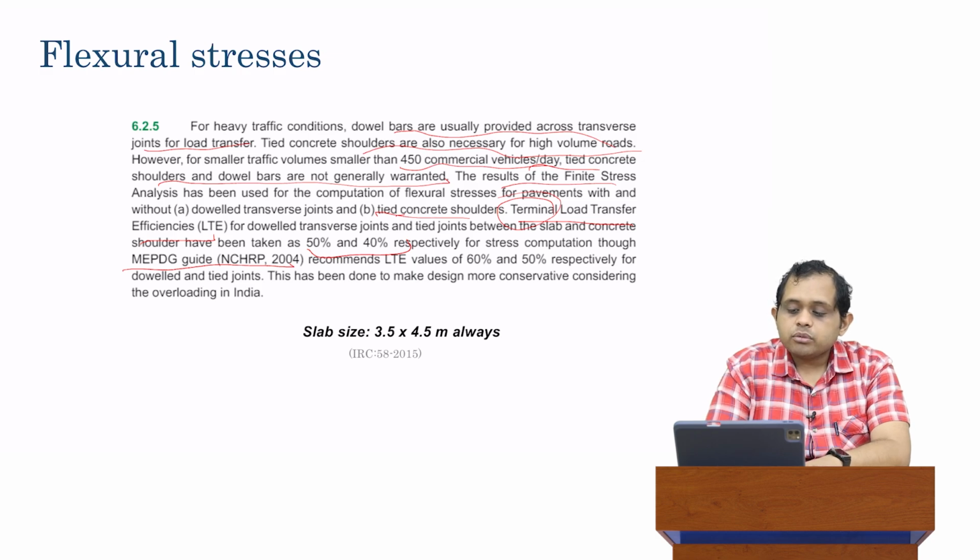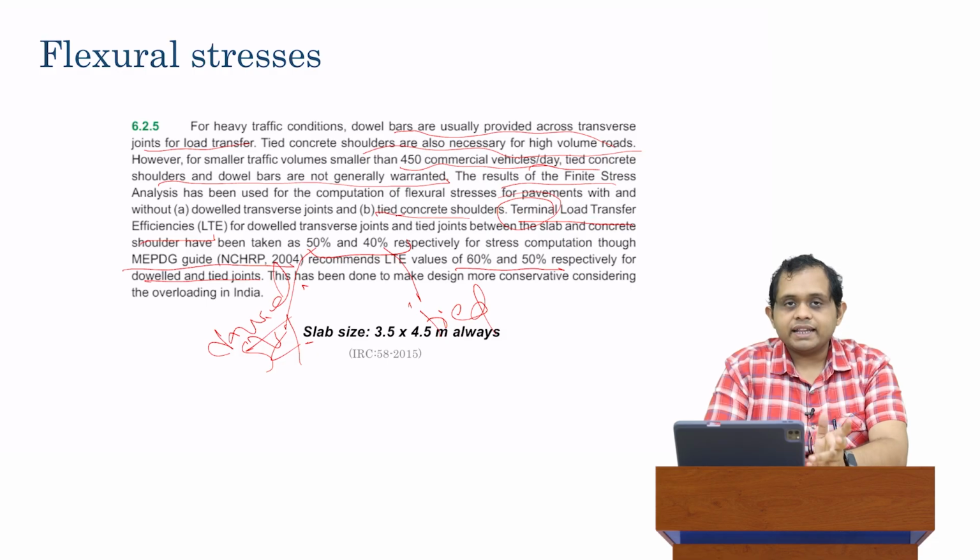The MEPDG actually recommends 60 and 50% for doweled and tight joints. So it is assumed that the load transfer for dowel joints in India is 50% and it's 40% for tight joints. This is based on observations in the MEPDG guide that the terminal load transfer efficiency tends to be 60% and 50%.